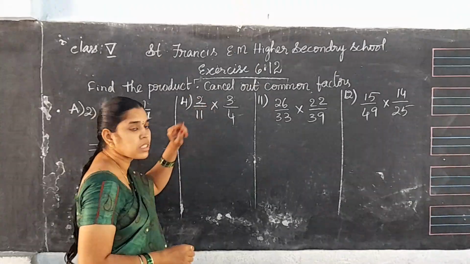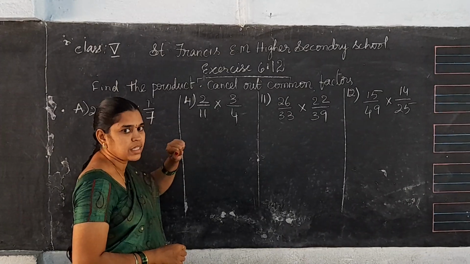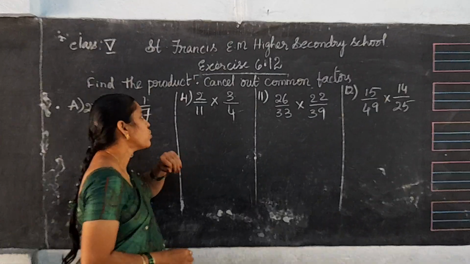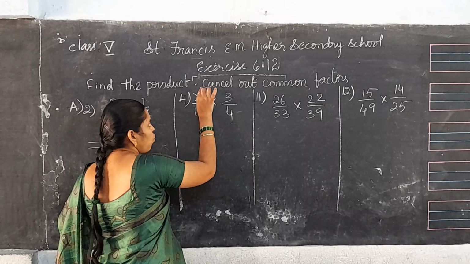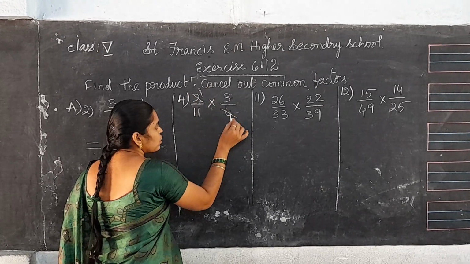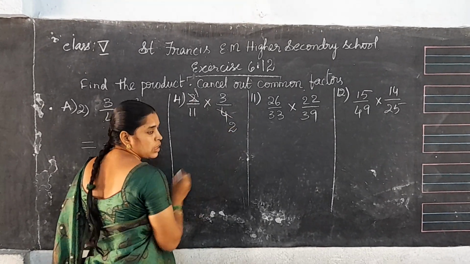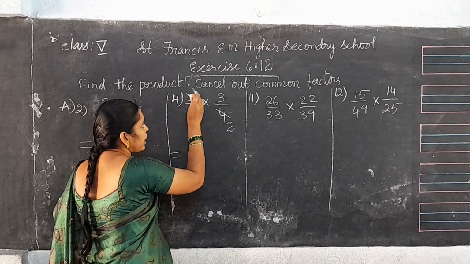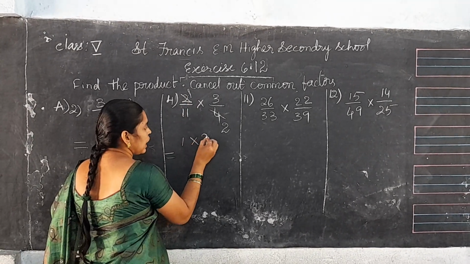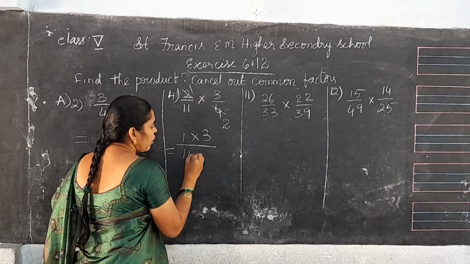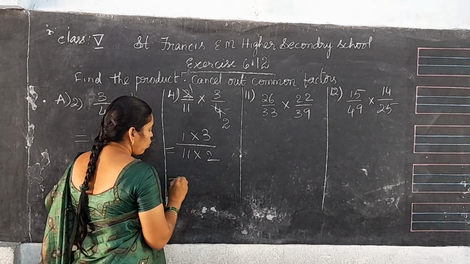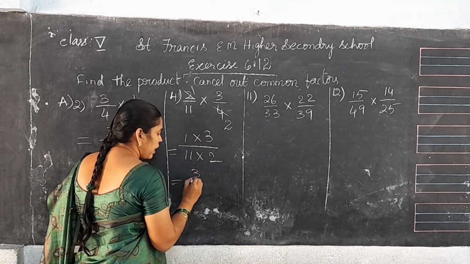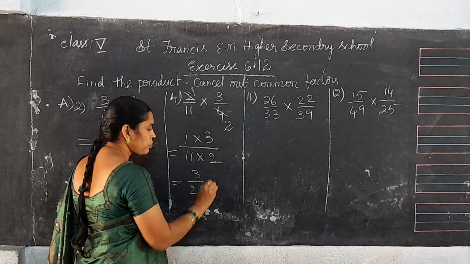In these two numbers, any common factor? Yes. What is that? 2. So, 2 will go in this 2 one time and in this 4 2 times. Right? Now, what is left? You write 1 into 3 by 11 into 2. 1 3 is 3 by 11 2 is 22.